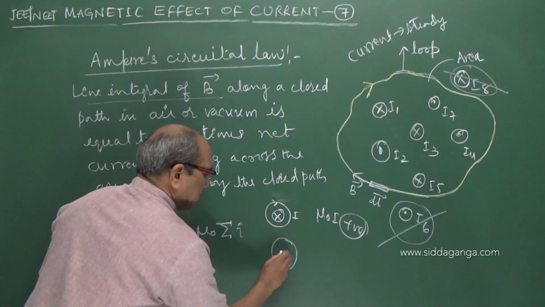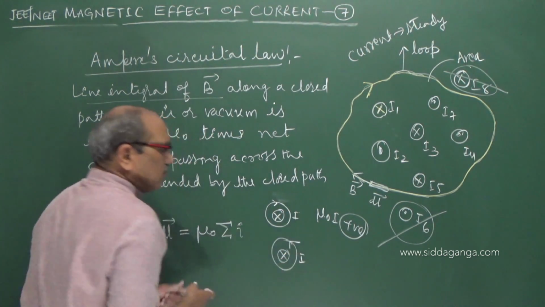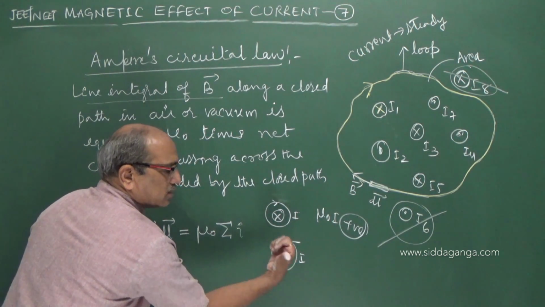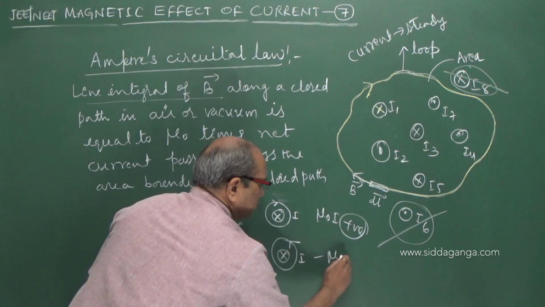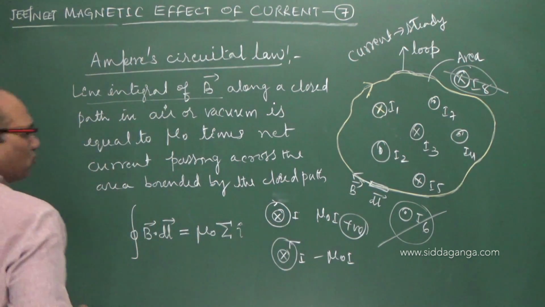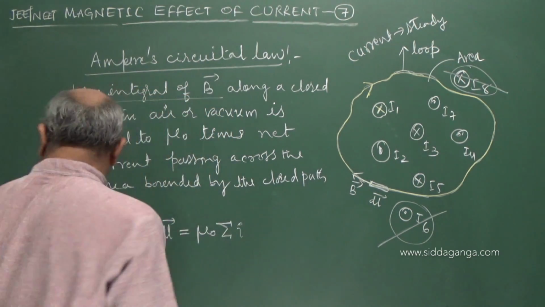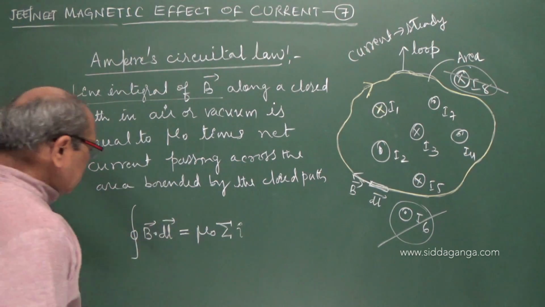Suppose for the same current, current is the same into the board, but I have to hold like this, it seems to be opposite. The thumb is not pointing in the direction, it is the opposite direction. Then it is minus mu naught I. I hope you have understood a little bit. With the help of this, I am showing you, as you have studied in Gauss law, like in this.